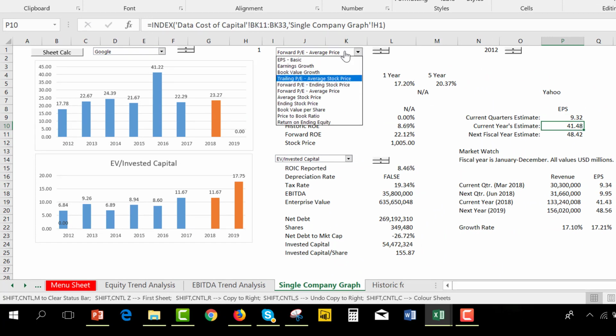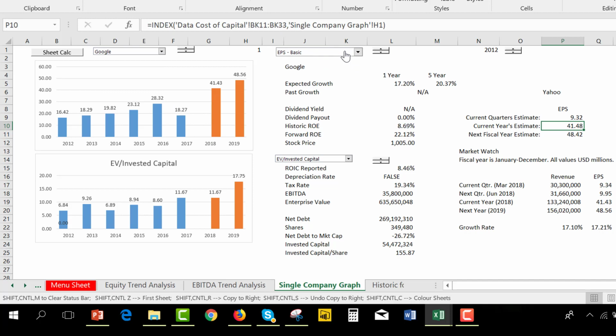We have the historic numbers here. No, this is next year and then the year after. And then I think that's enough. And then they make a forecast of the growth rate. The analysts expect a 20% growth rate.